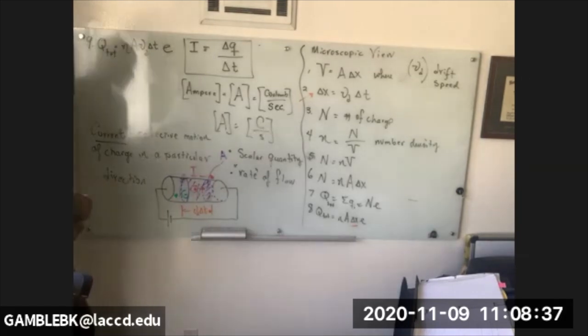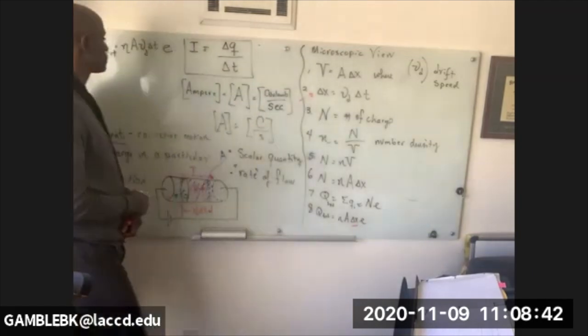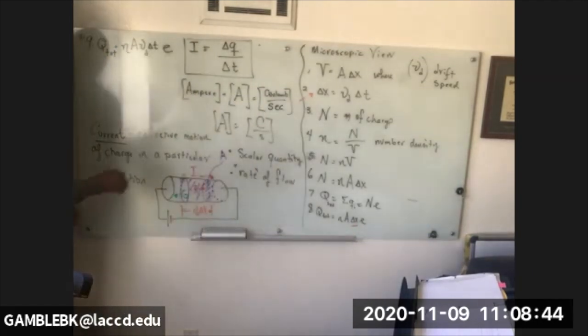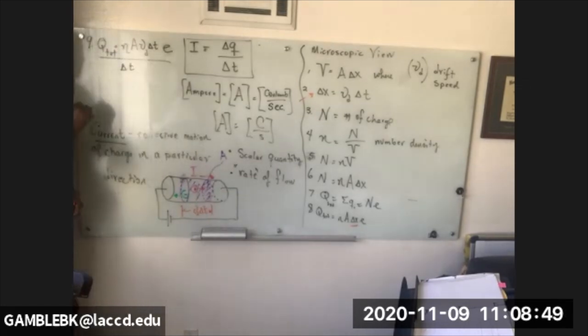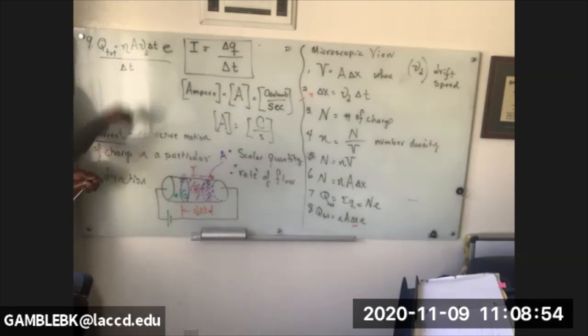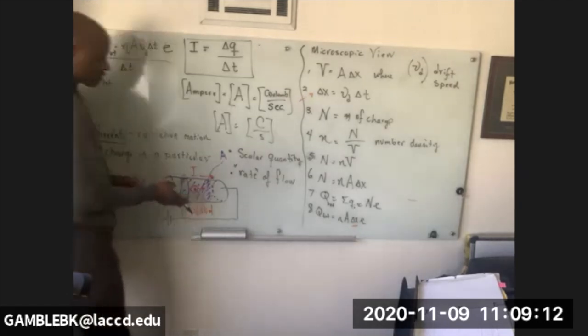Okay, now what? Oh, so now all we have to do is divide everything by delta T. If we do that, the delta T over here cancels, and we end up with... and when I say Q total, I just mean it's the amount of charge.